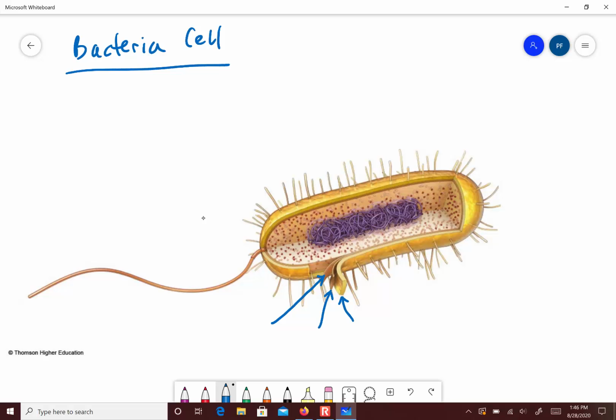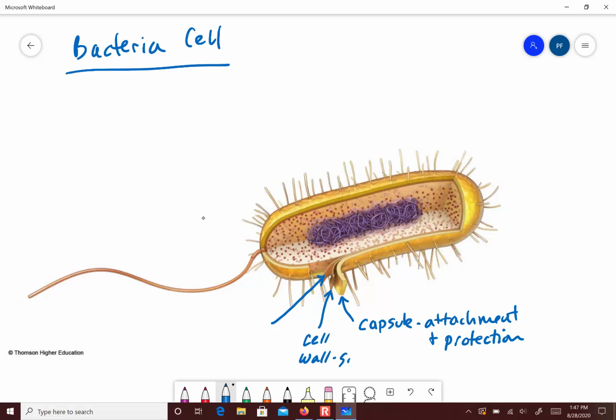Right? The outside is called the capsule. Okay, the capsule is going to be for attachment and protection. So I'm giving you fairly brief, simplified kinds of functions for these parts. So capsule's on the outside. The one in the middle is called the cell wall.